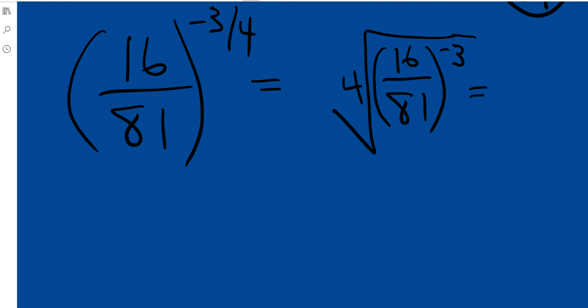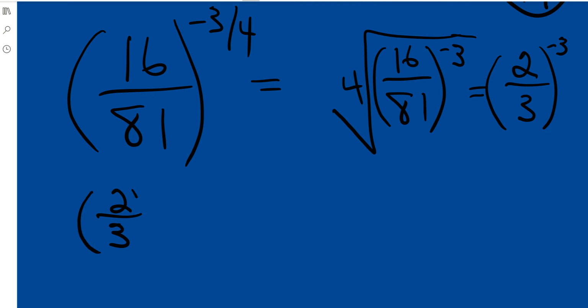The fourth root of 16 is going to be 2, and the fourth root of 81 is 3, and that's going to be raised to the negative 3. Okay, so let's see. I'm going to rewrite it over here. 2 over 3 raised to the negative 3.